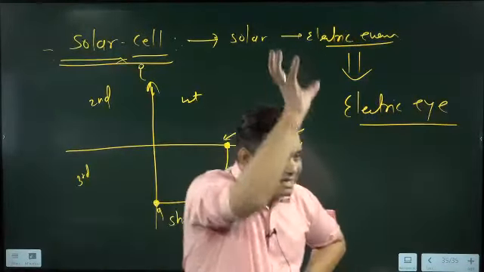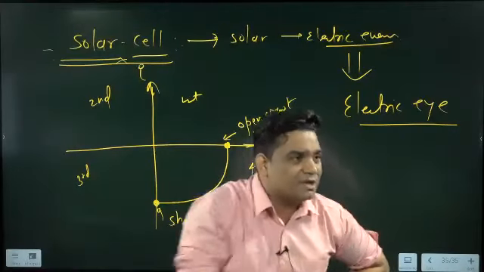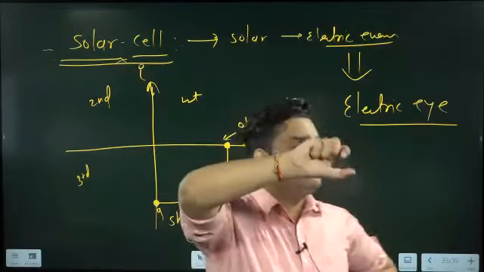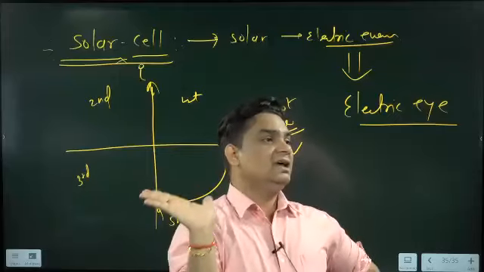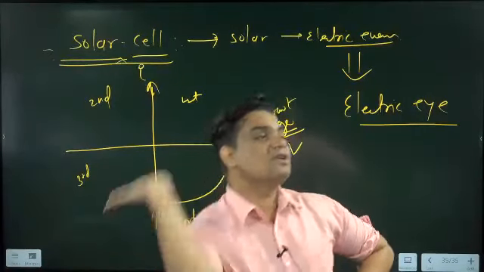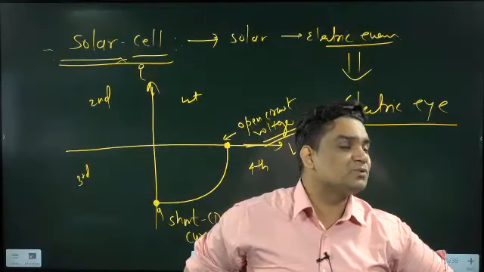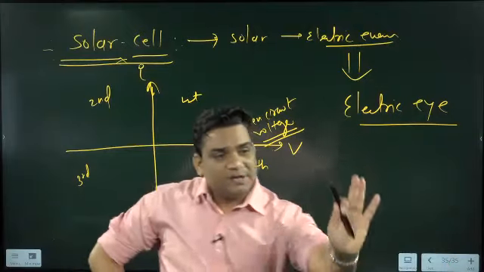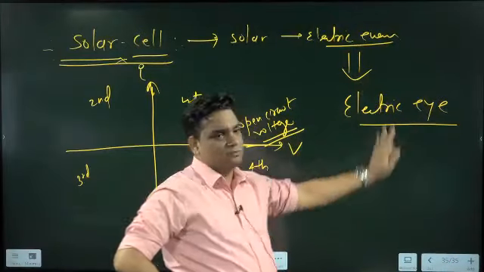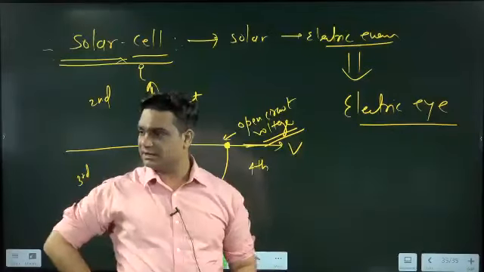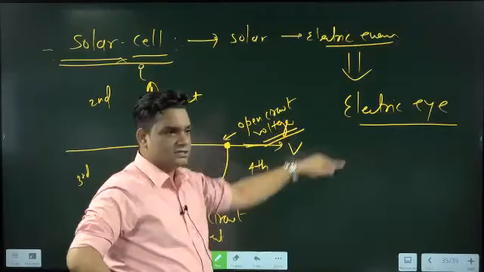If more intense light is coming, then what happens? More photons will be there, and more photons will be creating more carriers. So EMF will be directly proportional to what? EMF will be directly proportional to the intensity. More intense light, more EMF we will be getting. Clear? These are the things in your solar cell.